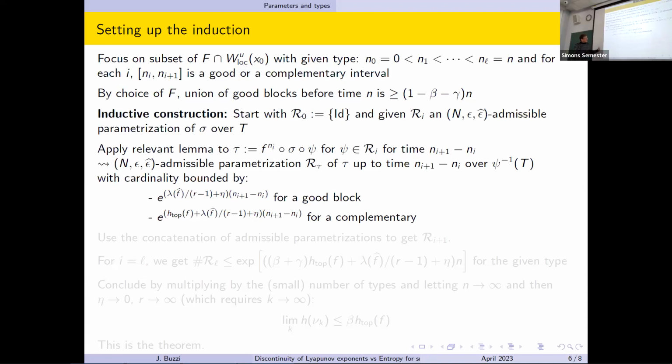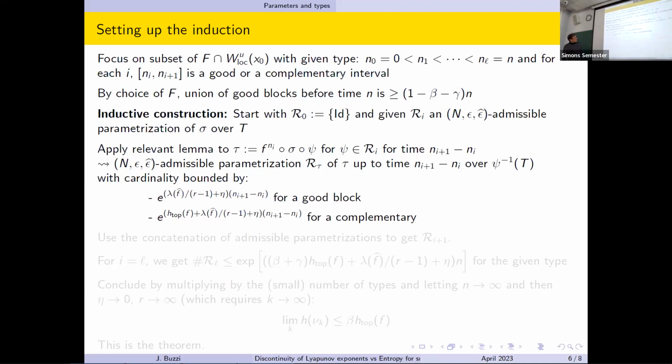For a good block, we have the key lemma that gives us a bound like that. And for the complementary intervals, we have the estimate with essentially the entropy. Each time we have a Yomdin extra cost.